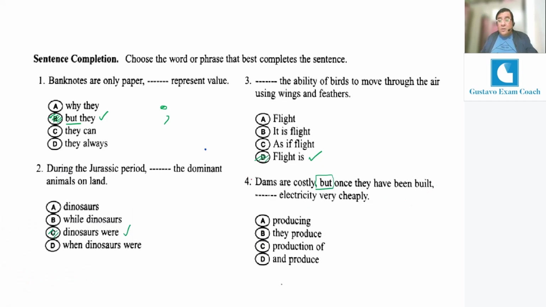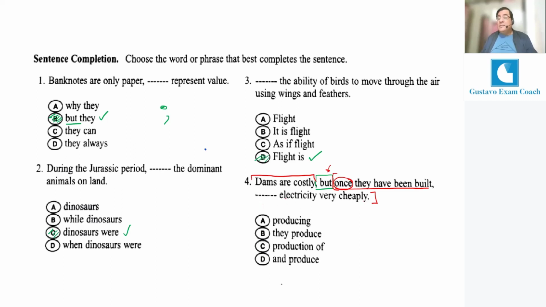So we have one independent clause, and what follows is another set of words that could stand for an independent clause. We need an independent clause now in order to have a complete idea that can be connected using but with the first complete idea. So once they have been built, it's a subordinate clause, electricity very cheaply.